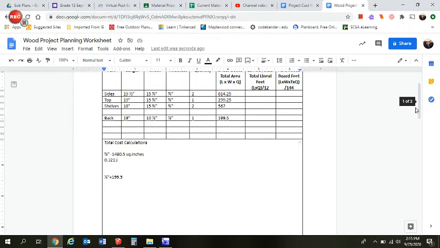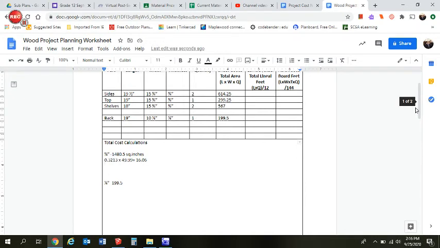Leaving it in decimal form, we are then going to multiply that by the cost of our material. So the cost of a sheet of 3/4 inch birch is $49.99. So we're going to multiply that times 49.99, and we get $16.06. At this point, when we're dealing with money, we're going to round to the nearest cent.